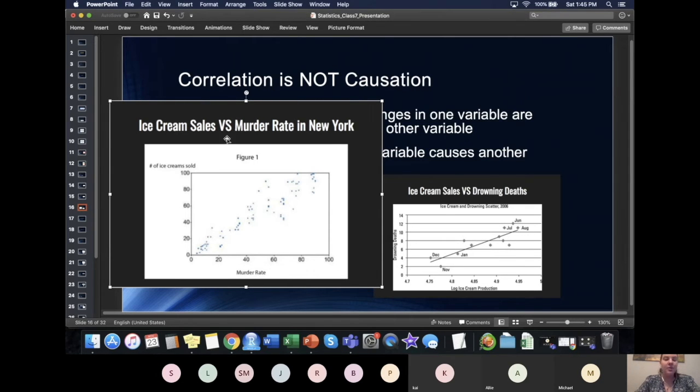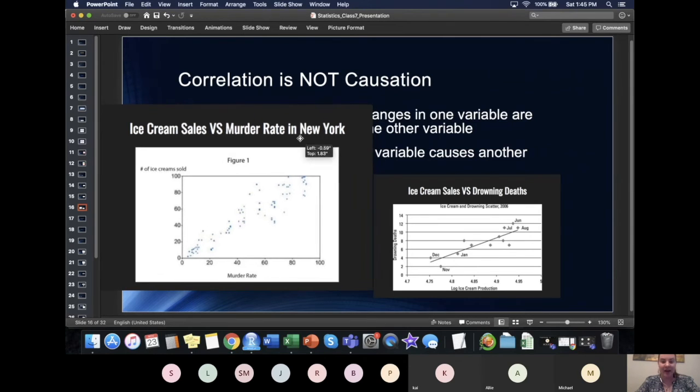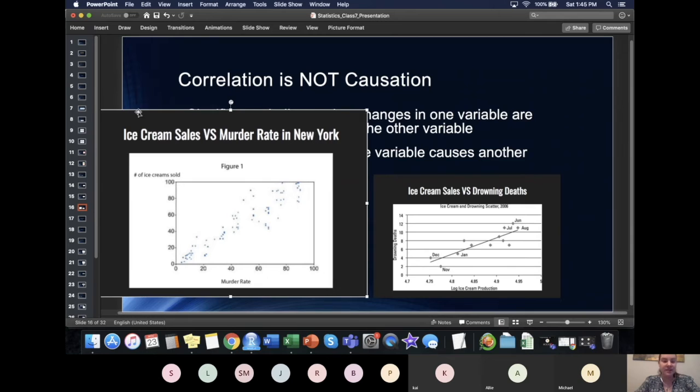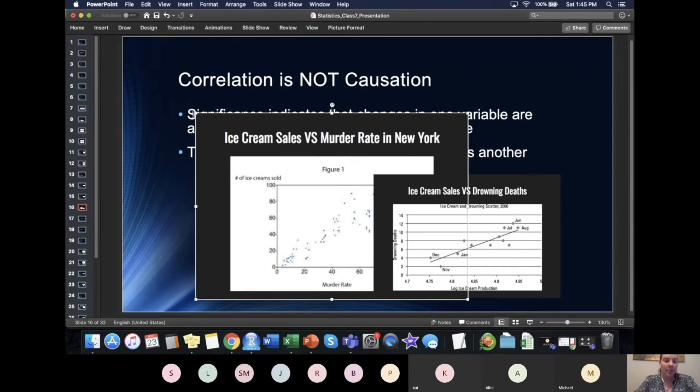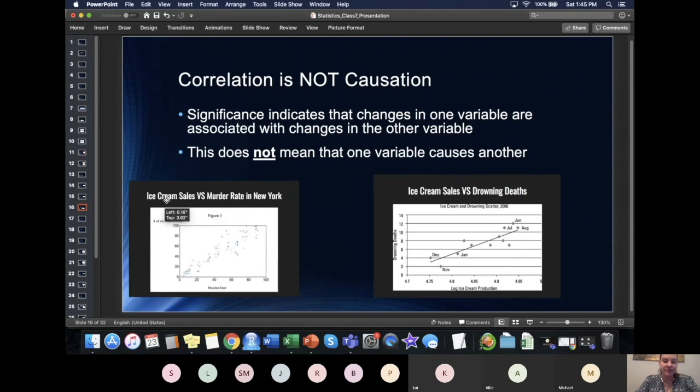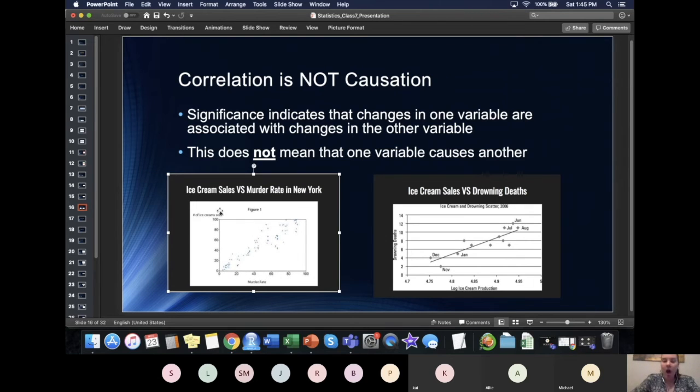But anyway, the murder rate goes up in the summer. Ice cream sales go up in the summer as well. Do ice cream sales cause the murder rate to be higher? No, they do not. And anybody who has common sense would know that. This person should have lost their job for that.